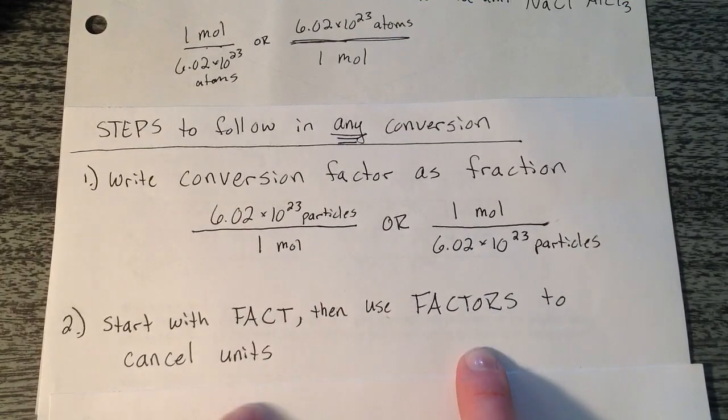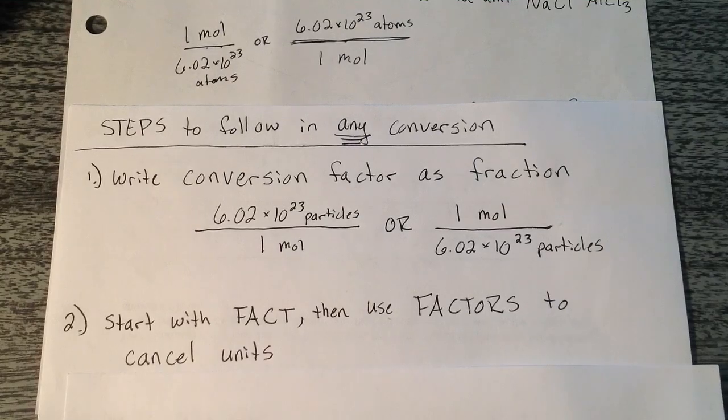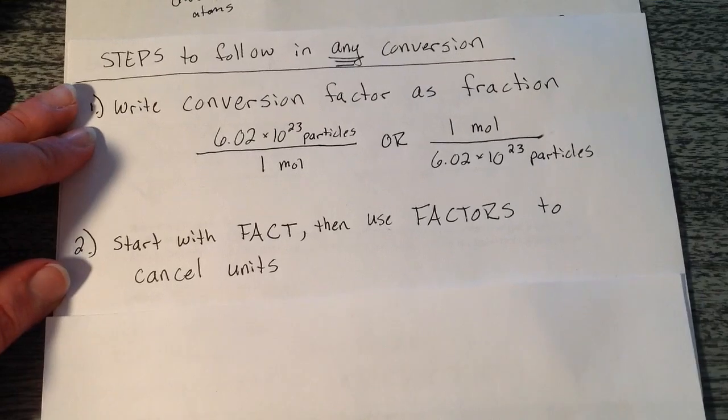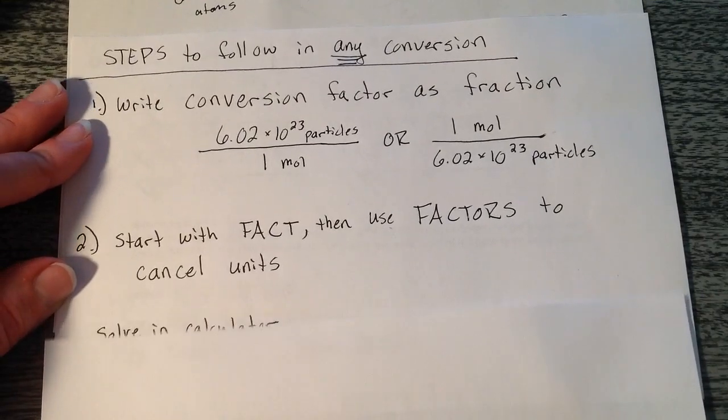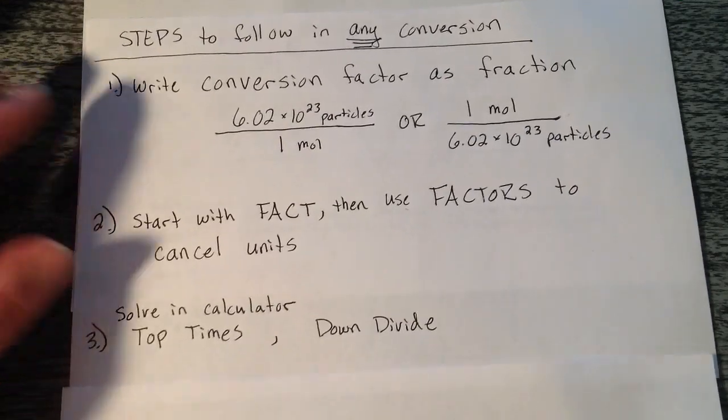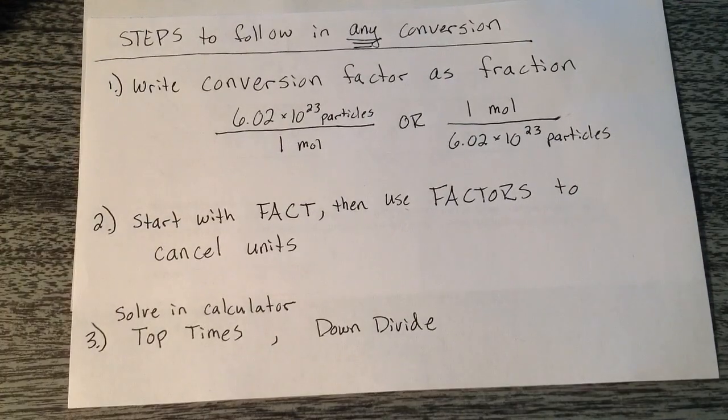And ultimately you want to get into the unit of what it's asking for, of the answer. And then the last step, once you have your units able to cancel, then we can plug it into a calculator. So we solve by multiplying any numbers that are on the top. So we times the top numbers. Any numbers that go down, we divide.